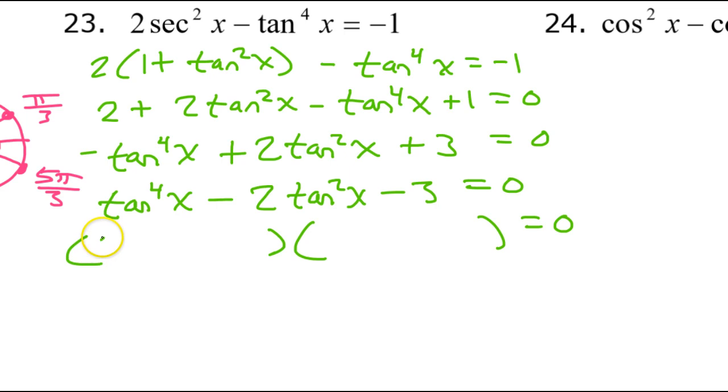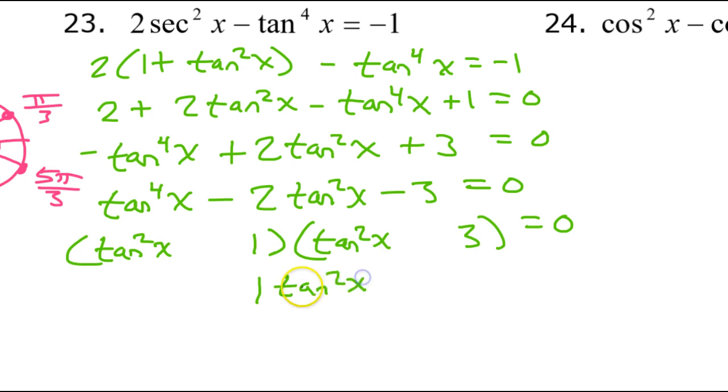Tangent to the 4th power will easily factor as tangent squared times tangent squared. Just jumping over to the 3 for a minute, 3 is only going to factor as 1 times 3. Now, inner plus outer must equal the middle. Inner, I have 1 tangent squared.